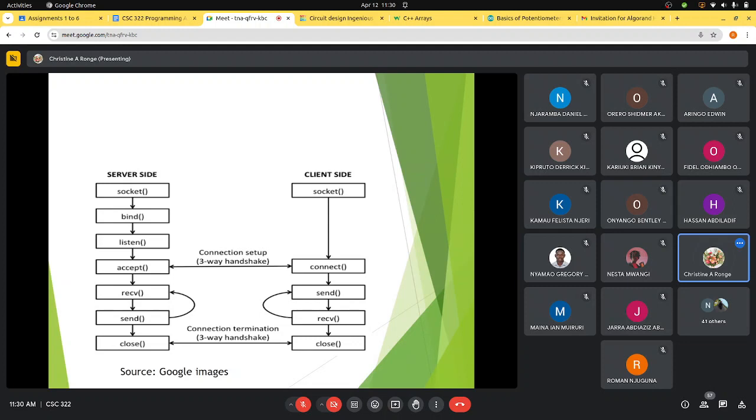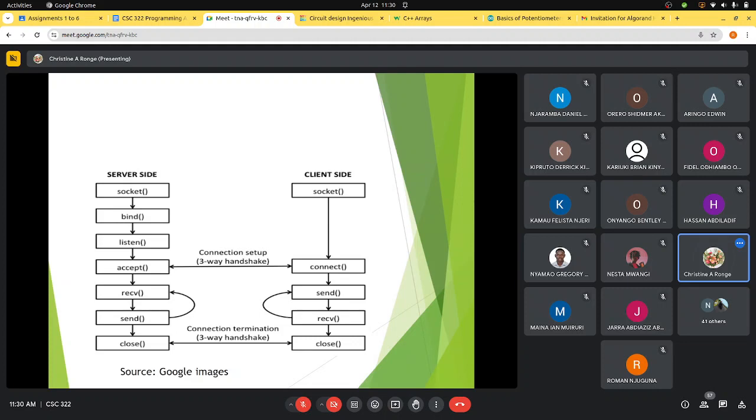So if we look at this program, we assume that at a certain point, these two programs have connected to each other. I've lost my cursor. So at this point, a connection has been established.